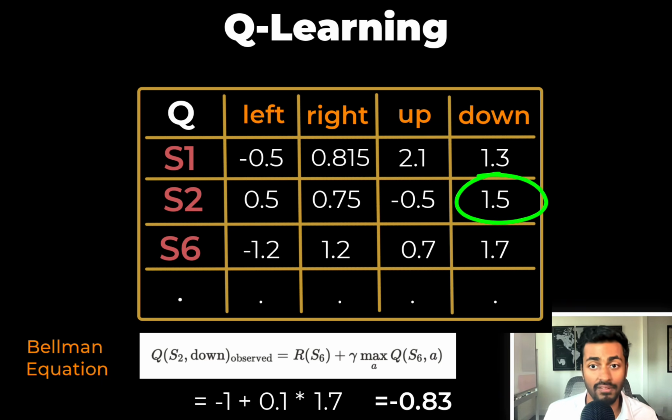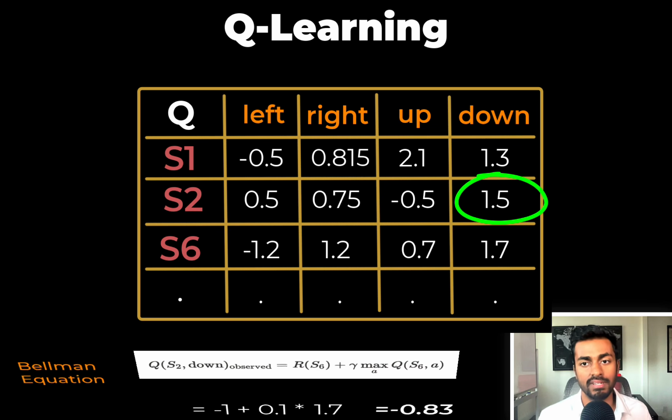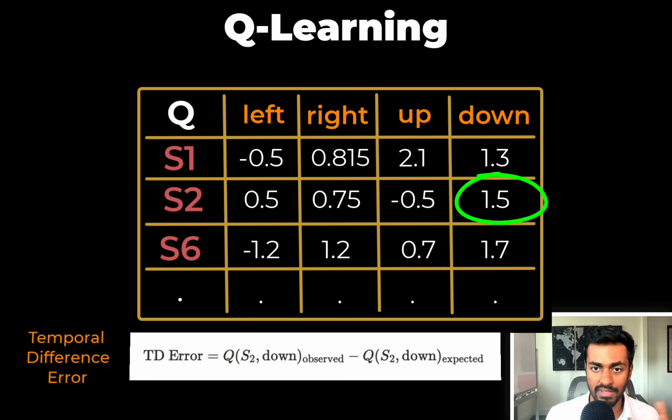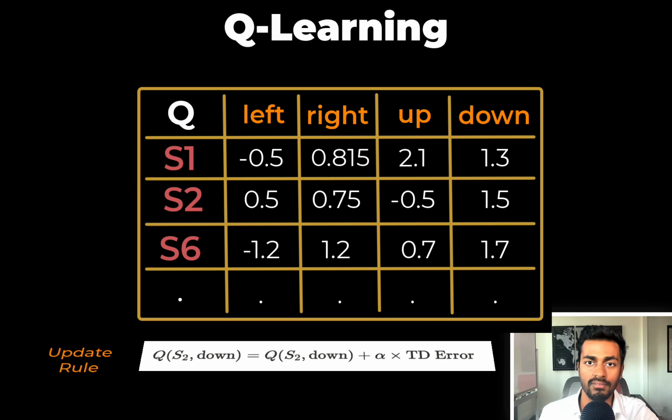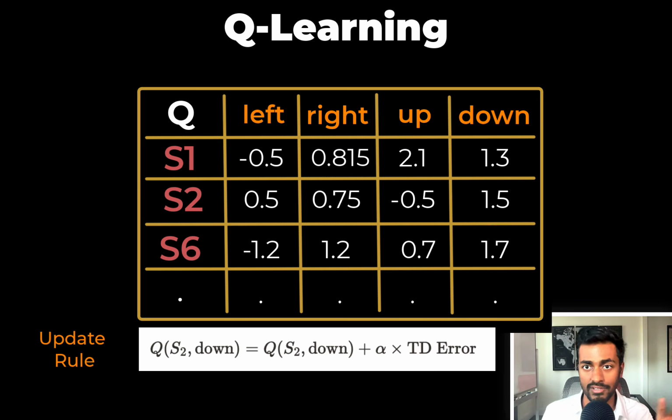Now, this is the observed value, but the expected value that is stored in the table for this cell is 1.5. And so the temporal difference there is going to be the difference of the observed minus the expected: -0.83 minus 1.5, and we'll get -2.33. And now we are going to plug this value into our update rule for the temporal difference error.